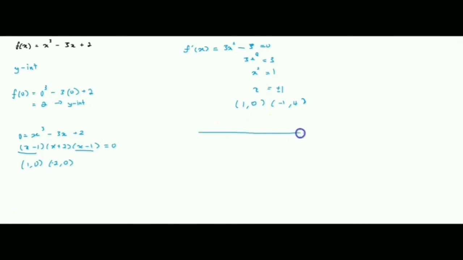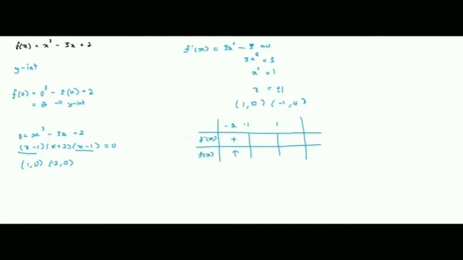Make a table. So this is our 1 and for negative 1, and here we will put 1. Okay, so we choose a number lesser than negative 1, so it will become negative 2. When negative 2 is substituted into the function, it is positive over here, therefore the function is increasing over here.